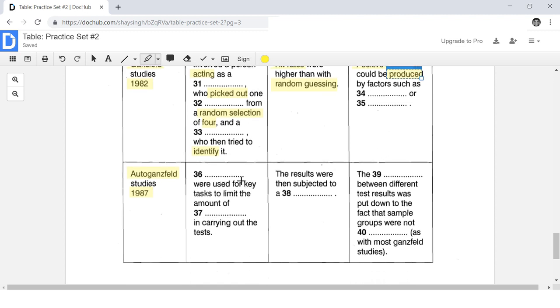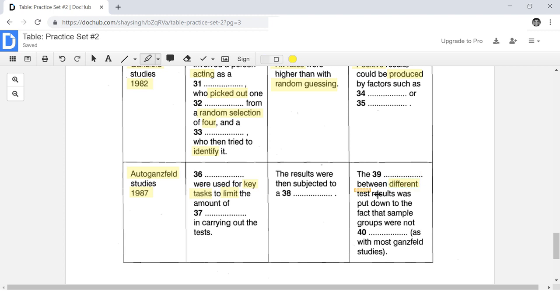Down here we have key tasks, limit something, I'm not sure, limit the amount of something, that's probably going to be a noun, in carrying out the tests. Okay, and then here we have results were then subjected to, okay, the results were subjected to something. And then right here, what do we have?